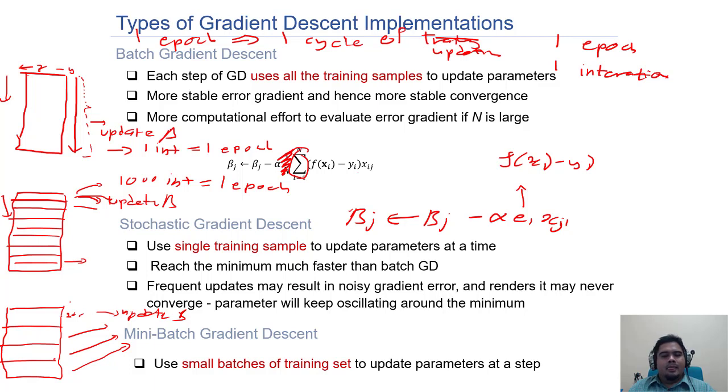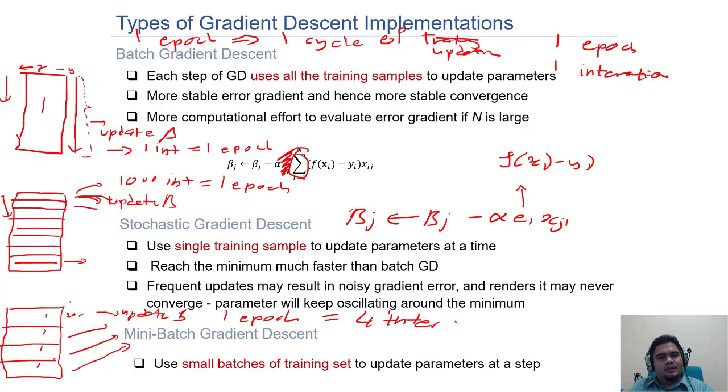Here, if you discuss the definition of epoch and iteration again, to get one epoch, how many iterations do you need to proceed? It should be 4 iterations, because you have 4 partitions: this is one loop, second loop, third loop, fourth loop. For batch, this one is one loop only.